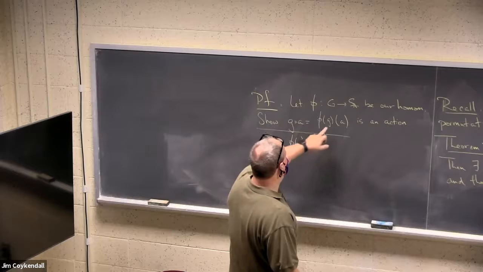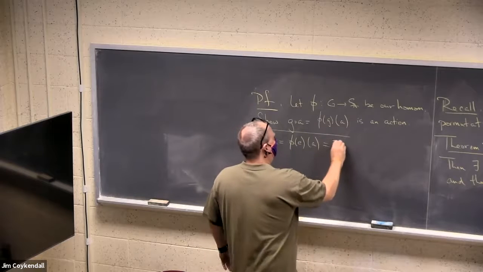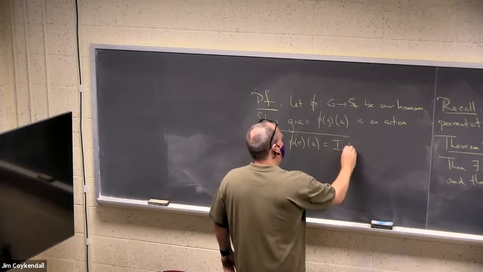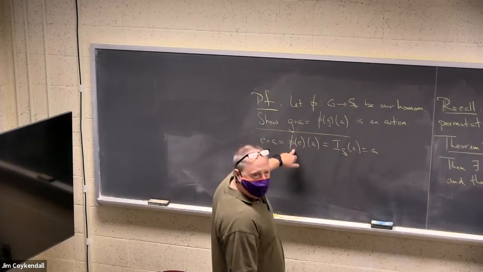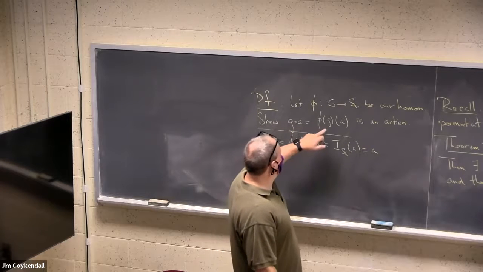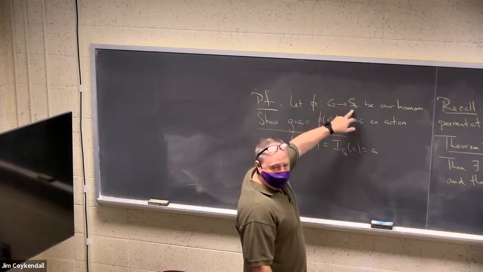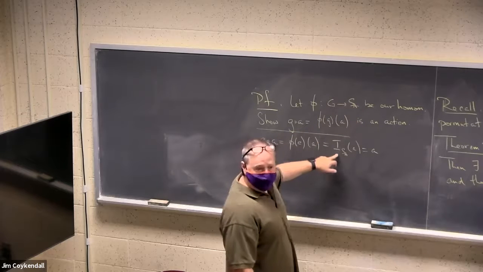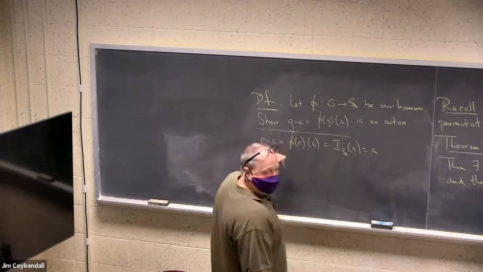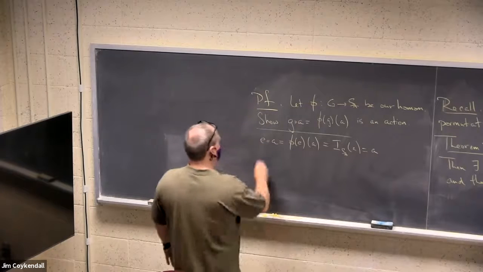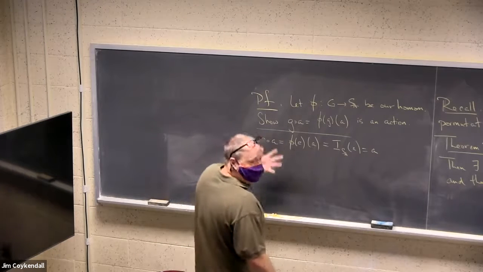Well, this is a homomorphism, so this should be the identity permutation, which is A. Because remember, any homomorphism must take the identity in G to the identity function over here, right? You gotta love homomorphisms. So this does what I need it to do. The identity leaves this alone.